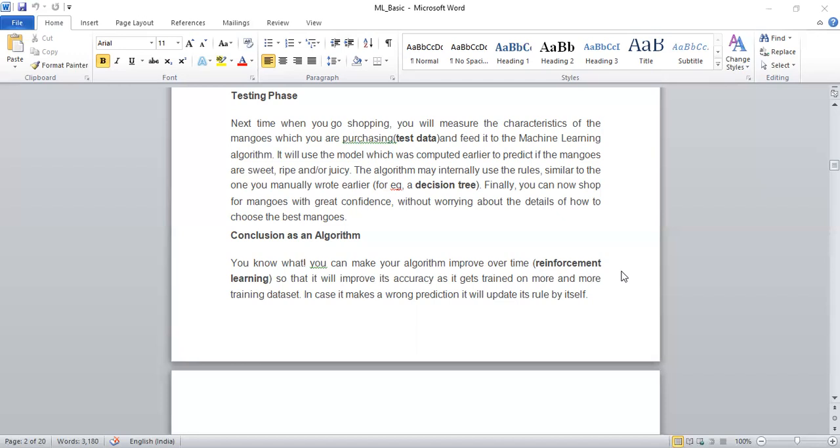So this is your decision tree. This is how we move from top to bottom and reach the unique elements. That's a different thing. I am telling you here that the algorithm uses internal rules to decide and predict the output. Finally, you can now shop for mangoes with great confidence without worrying about the details of how to choose the best mangoes.